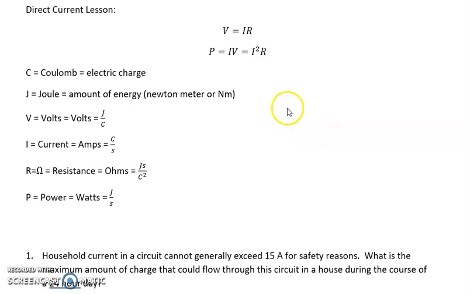So the pipe is the same as the wire. The pump is the battery, and the pump has a certain amount of pressure that it puts out. That pressure is your volts.